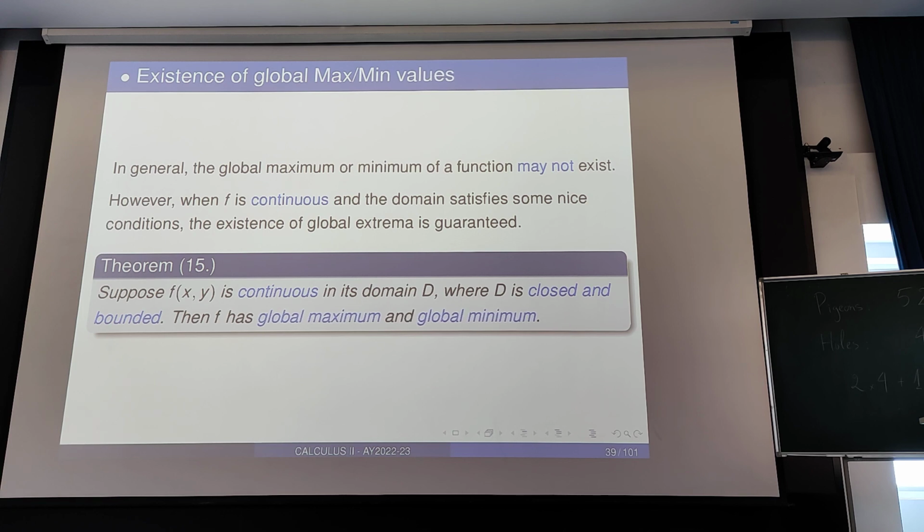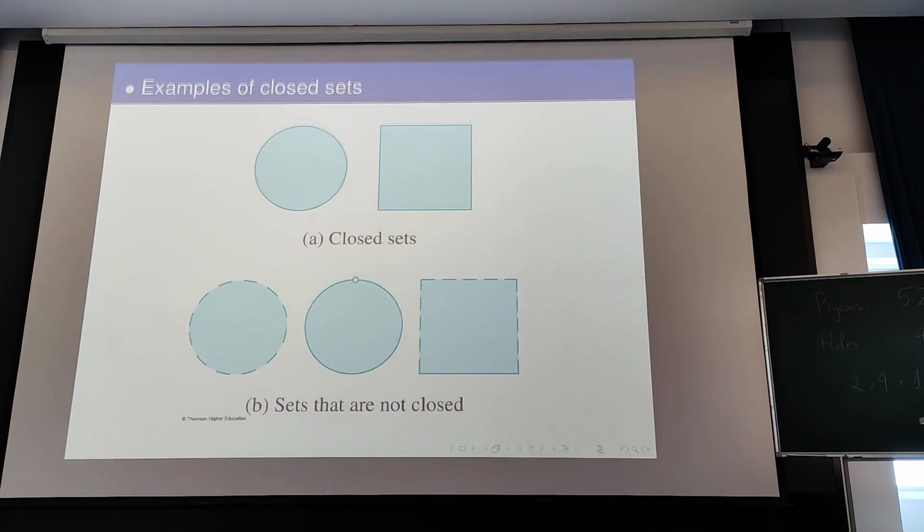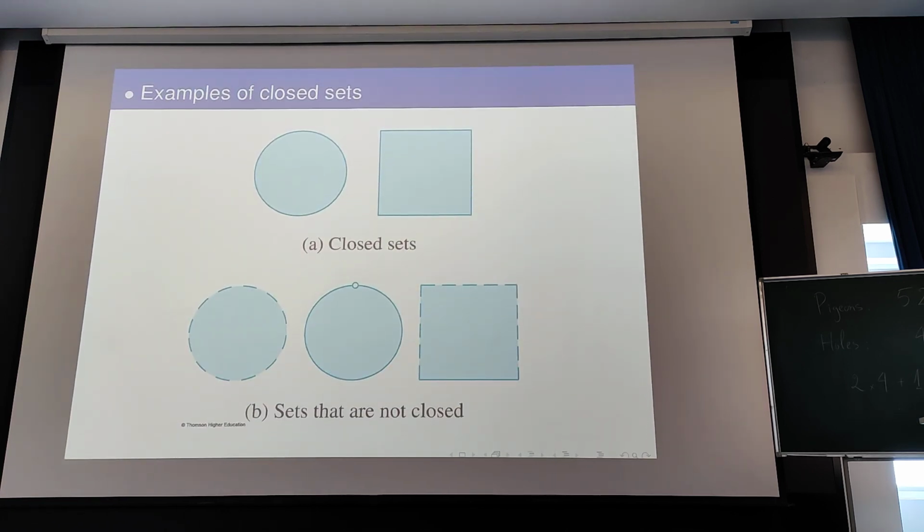Okay. So here are some examples of a closed set on R2. Closed is very easy to imagine, right? Here is a closed set, and here are sets which are not closed. You can see we have some gap. That means you can move from inside to the outside, right? And it is not closed.